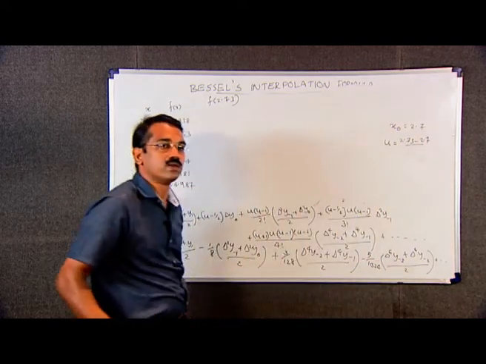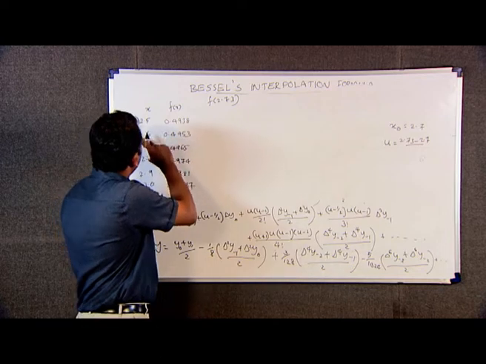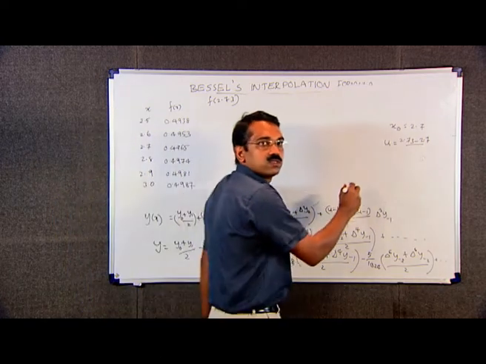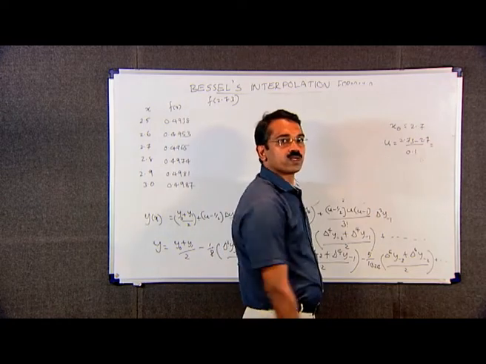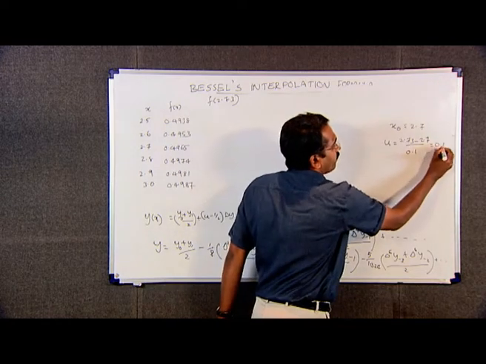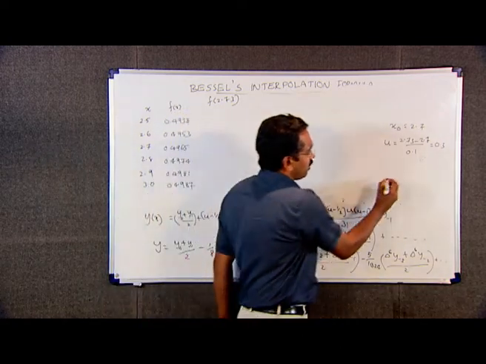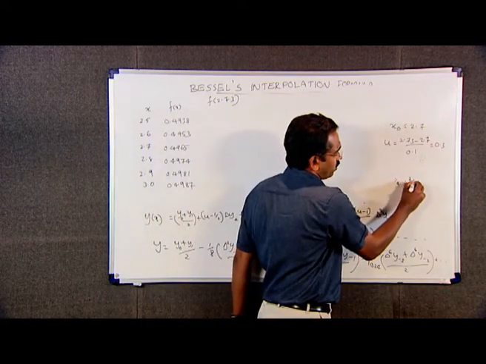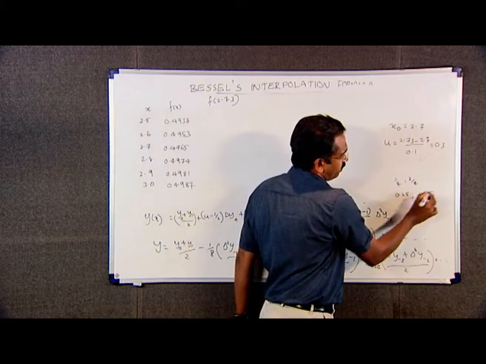Here the interval difference h is 0.1, since 2.6 minus 2.5 is 0.1, so u is 0.3, which lies between 1 by 4 and 3 by 4, that is 0.25 and 0.75.